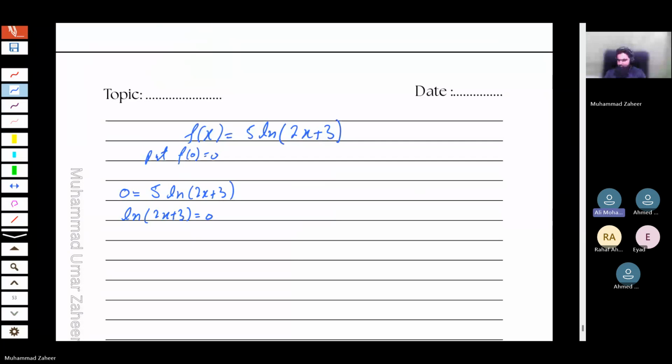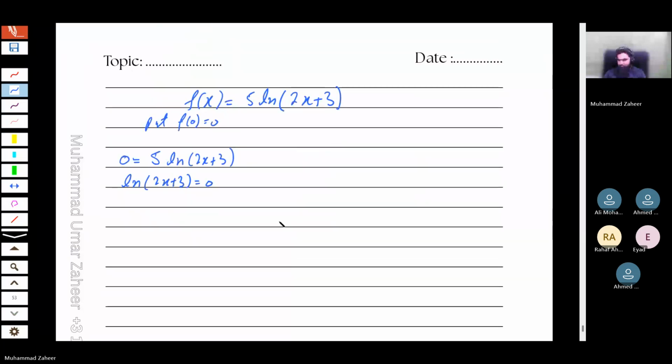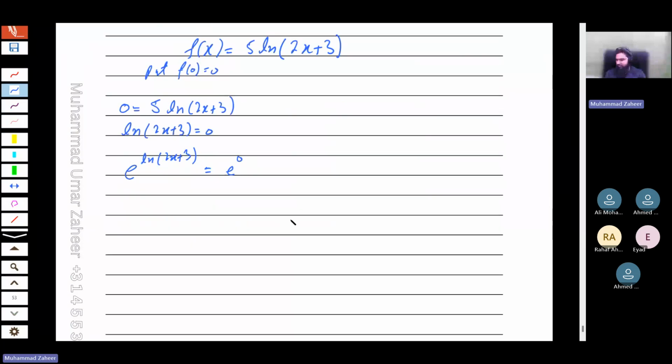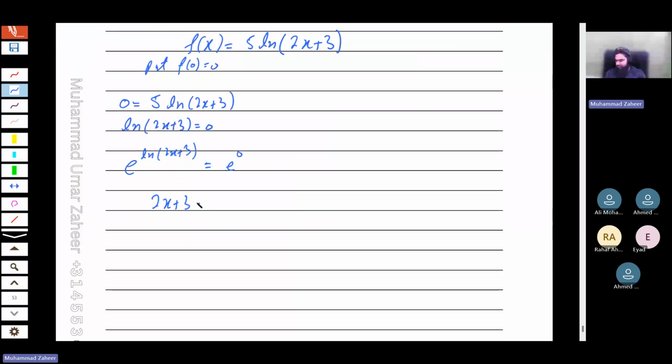So 2x plus 3 is equal to 1. I'm just going to take the exponential on both sides to remove the log. So it will become 2x plus 3, and any number having a power 0 is 1.